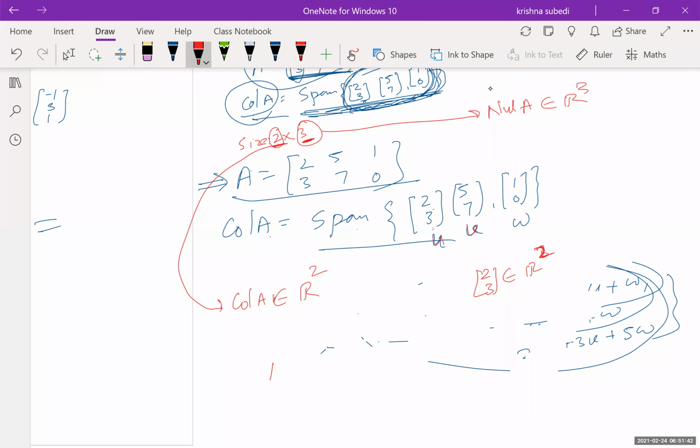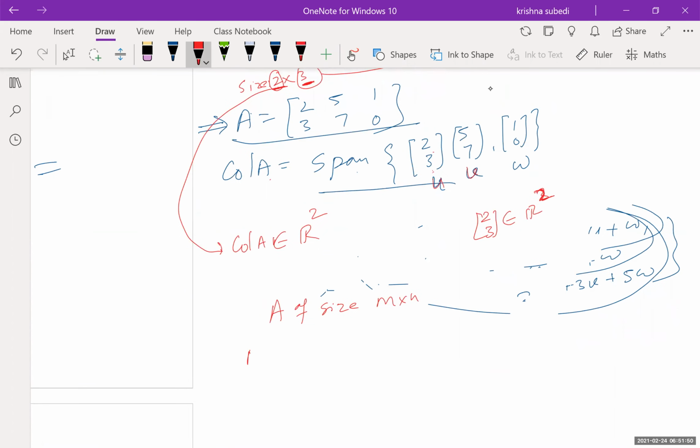If we are given a matrix A of size m by n, then the null space of A must be a subspace of Rn, and the column space of A must be a subspace of Rm. Just keep that in mind.